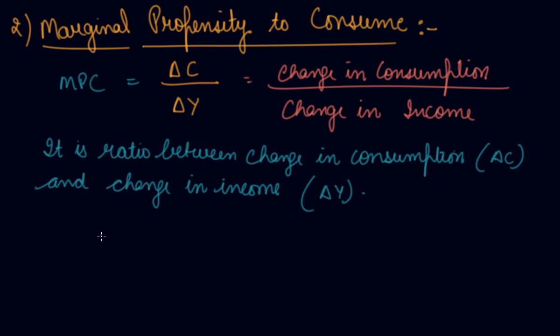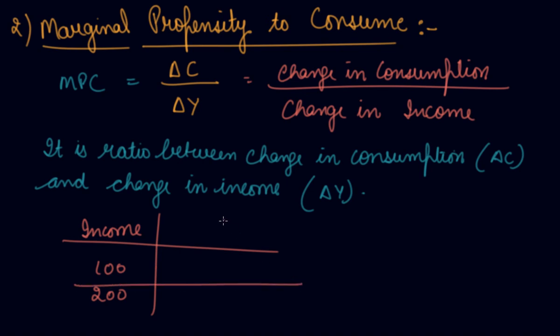We did the previous example when your income was 100 and then 200, right? Your consumption expenditure C was from 80 to 120. Now if you have to calculate marginal propensity to consume, here the change is from 80 to 120, right?